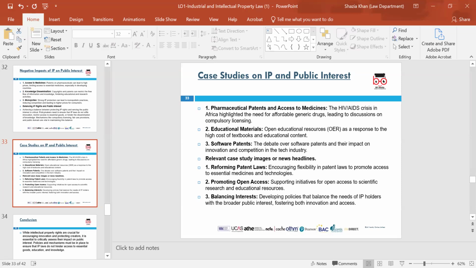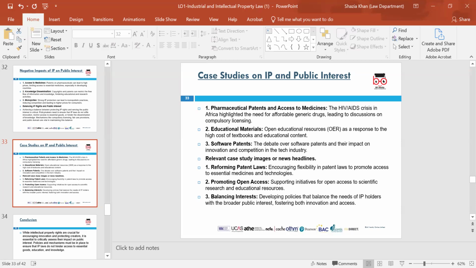Number two, educational materials: open educational resources, OER, as a response to the high cost of textbooks and educational content. Number three, software patents: the debate over software patents and their impact on innovation and competition in the tech industry. Relevant case study images on news headlines.